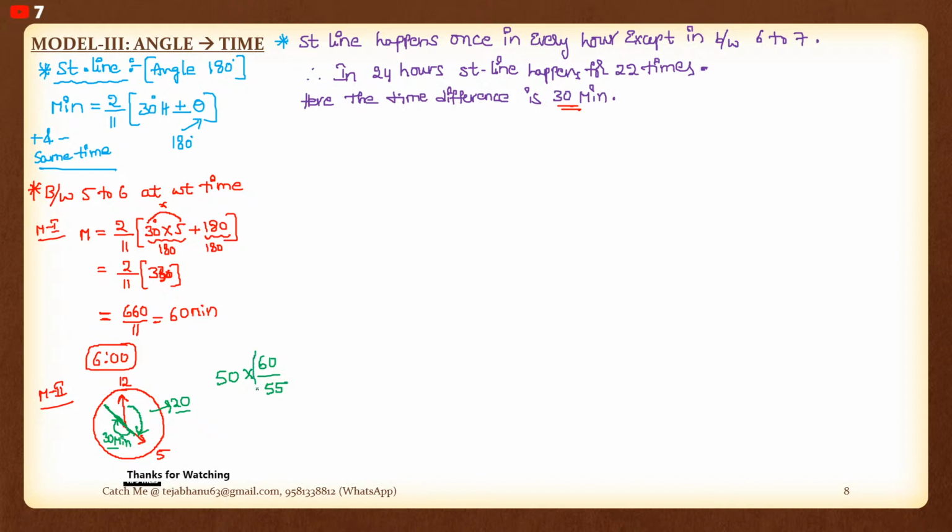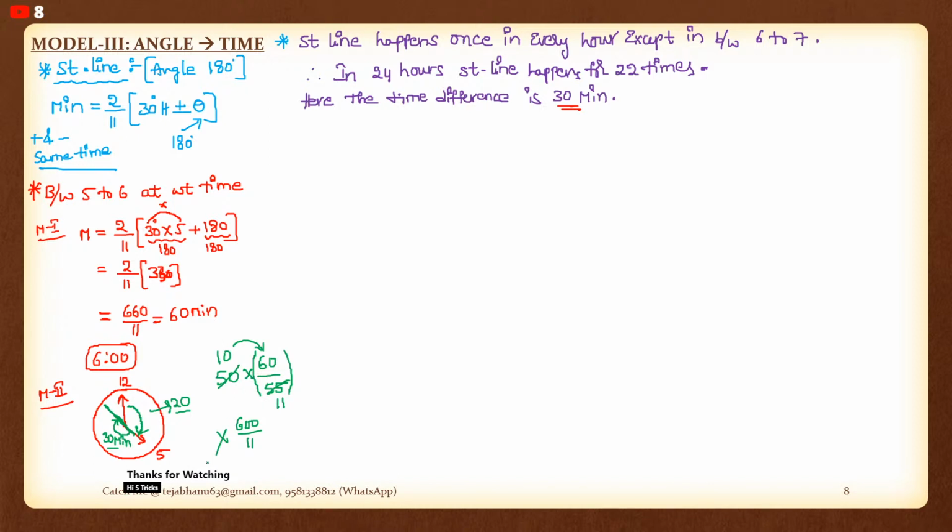This is constant for every value. Now, see, 5 tens are 50, 11s are 60 tens are 600 by 11.